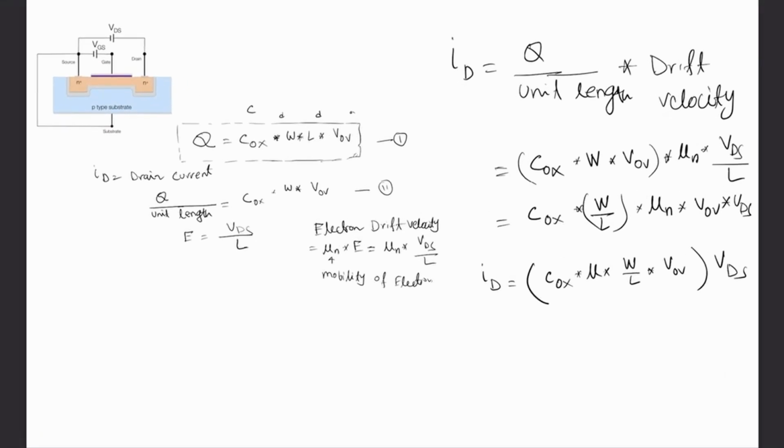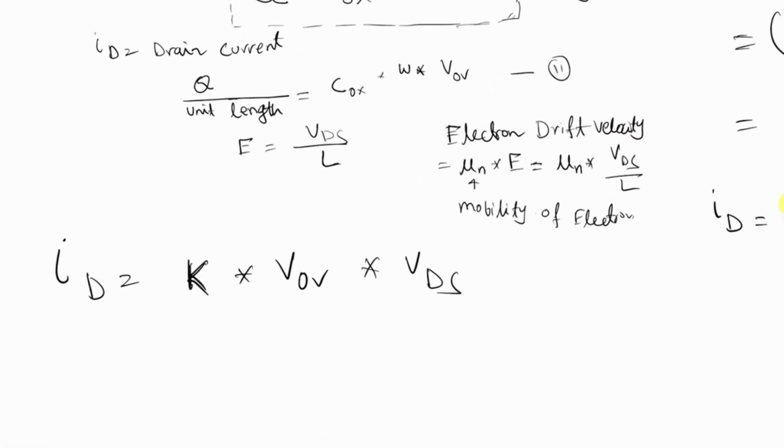So when we apply a small voltage VDS, then the current equation will be ID is equal to K, just a constant K, multiplied by VOV multiplied by VDS, where this part is the K. So now just think about here.